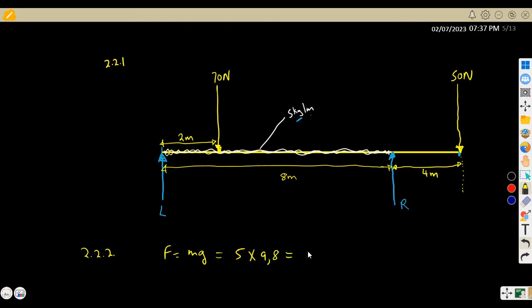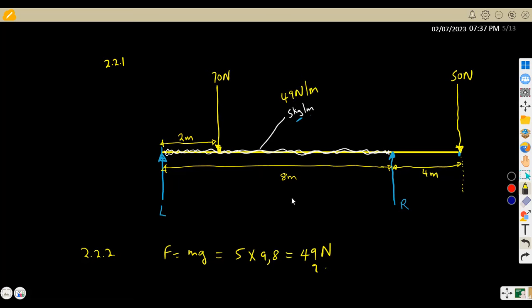If we multiply this, we obtain 49. So from the 49 Newton that we have, what are we going to represent? It's per meter because we are given this as kg per meter. So this is going to be 49 Newton per meter. I'm just indicating this so that it can help us to answer the next question.